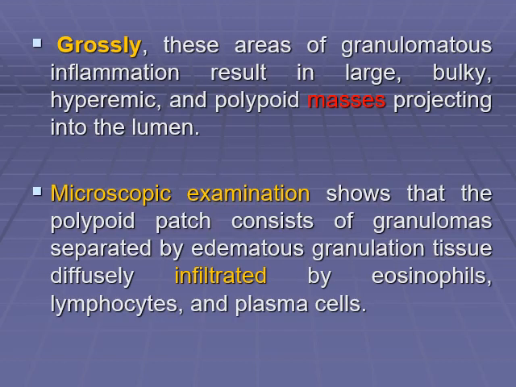Grossly, these areas of granulomatous inflammation result in large, bulky, hyperemic bulboid masses projecting into the lumen. Microscopic examination shows these patches consist of granulomas separated by edematous granulation tissue diffusely infiltrated by eosinophils, lymphocytes, and plasma cells.